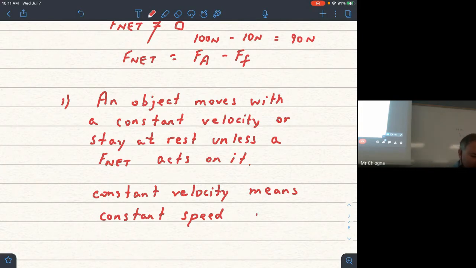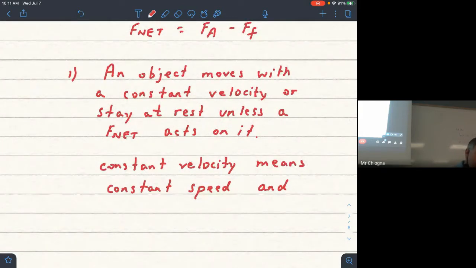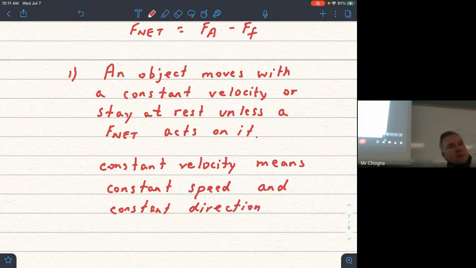And same direction, constant direction. It doesn't change its direction, doesn't change its speed. You can approximate that on an air hockey table. If you have ever played air hockey, you can hit the puck and it'll keep going. There's very little resistance.